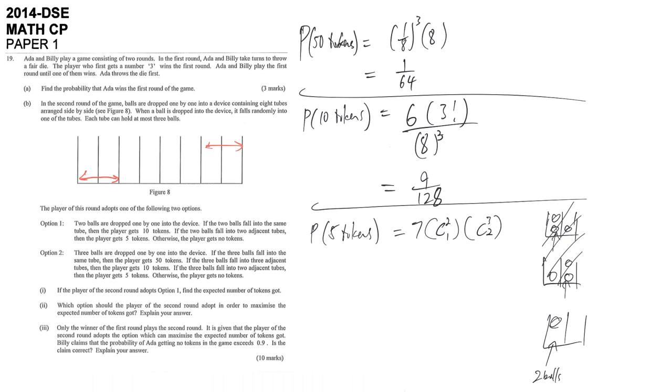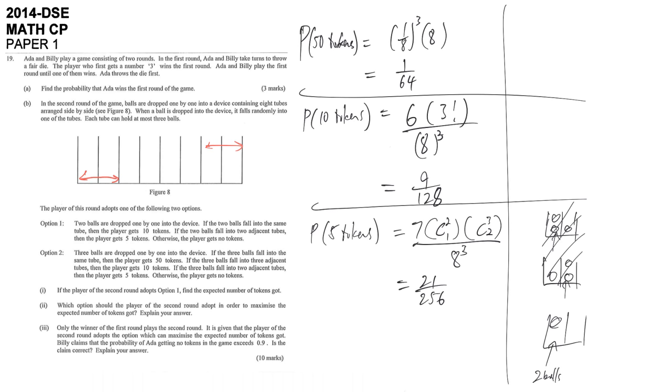After that, we have 1 tube left, so 1C1, and 1 ball left, so another factor 1C1, but you simply don't need to write that down. That's the number of cases fulfilling our requirement. Then we divide by the number of ways you can arrange the balls, again 8 to the power 3. So the answer is 21/256. We get all 3 components.